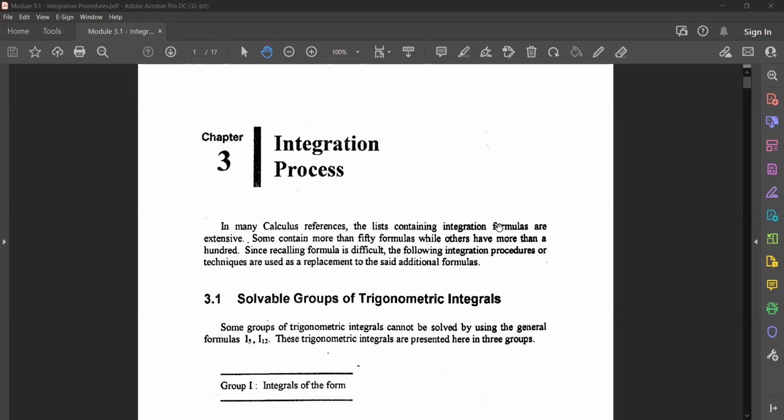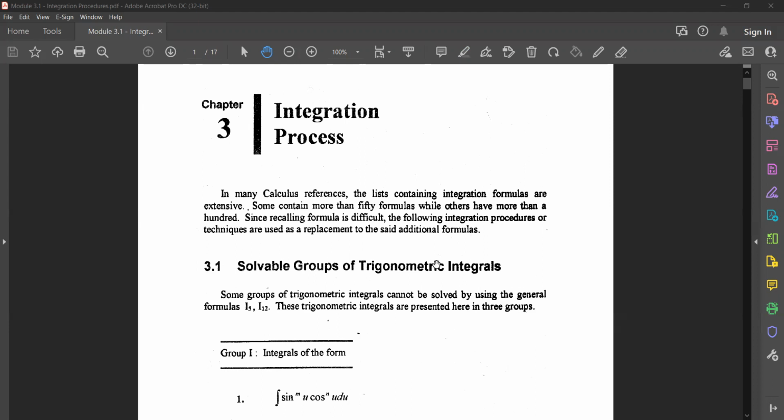So brief discussion lang ni siya because our sample problem naman, step-by-step procedure naman siya. Okay, so we will just review it. Ayan, so in many calculus references, the list containing integration formulas are extensive. Some contain more than 50 formulas, while others have more than 100.